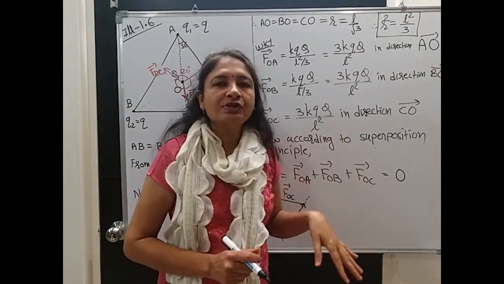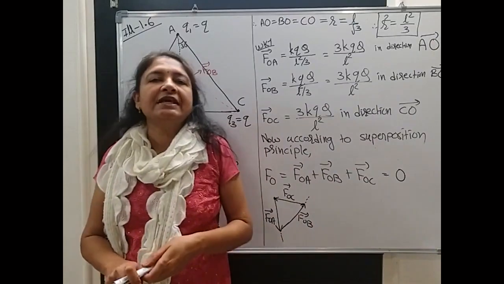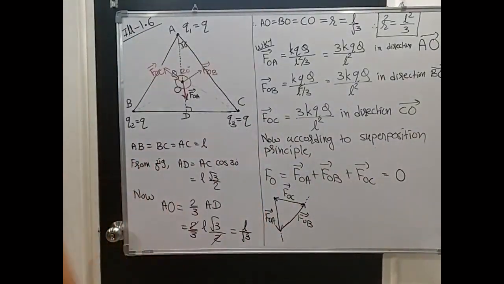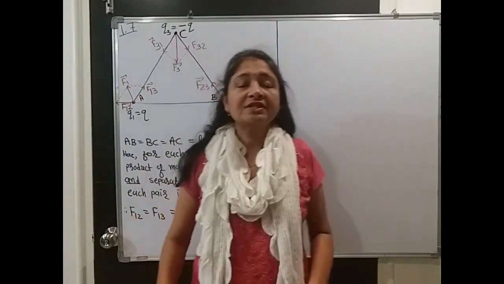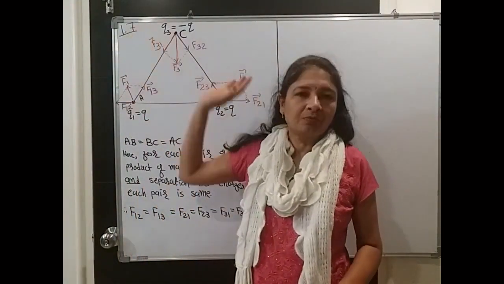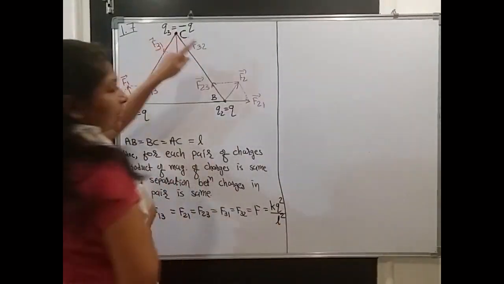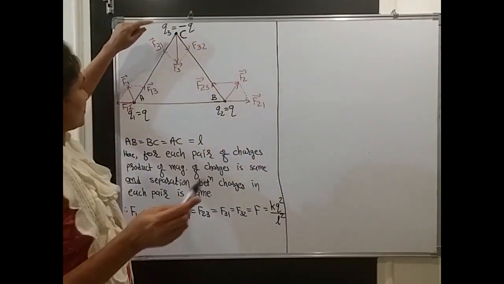Now we have to proceed to the next illustration, that is 1.7. Now let us quickly solve illustration number 1.7. According to the question, you can refer to the question from your textbook.